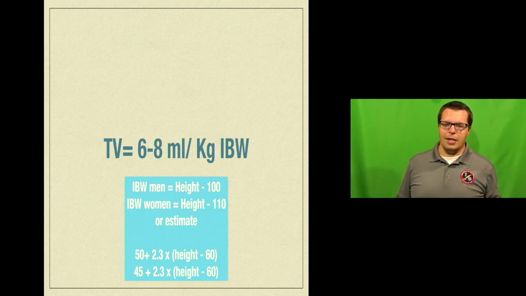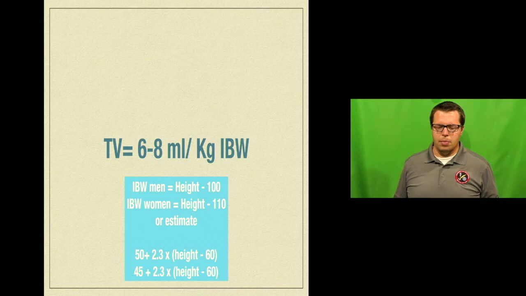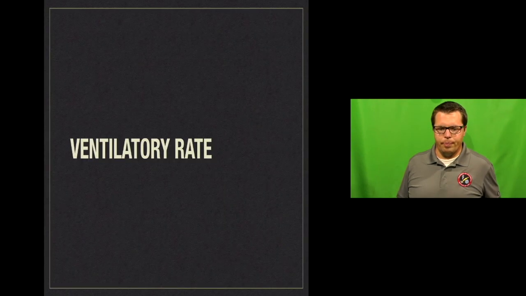But that is a really big person or really big chest based on ideal body weight. Most of us are going to be somewhere between 400 and 500 milliliters on our tidal volume. If you get far outside that, you better think about what you're doing, because there's a good chance you made a math error in there.